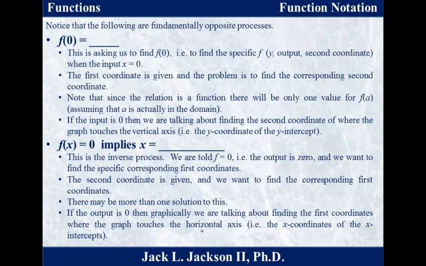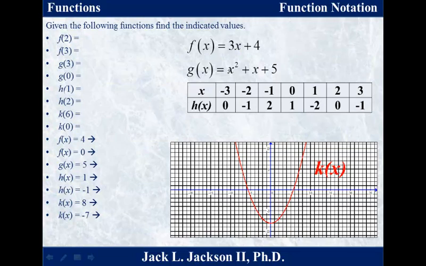When y is 0, we're on the x-axis, the horizontal axis. So what we're trying to do is find when the graph crosses the horizontal axis, the x-axis. We would call that an x-intercept. And what we want from that is to find out the first coordinates. So we're looking for the x-coordinates of the x-intercepts, in a way just backwards to the previous type of problem.